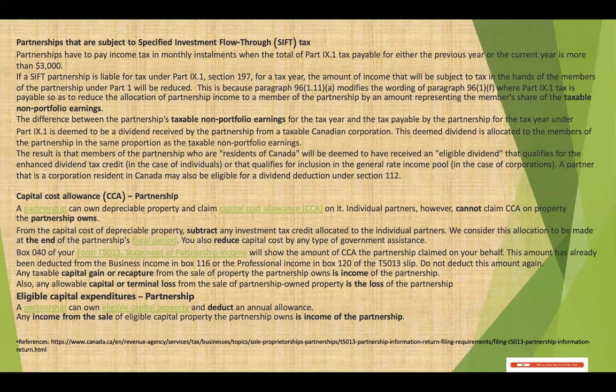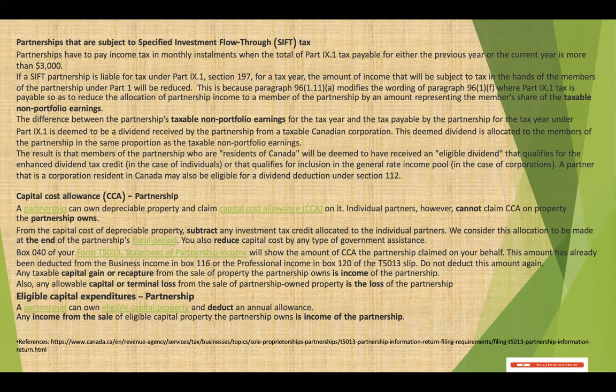If the SIFT, that is the specific investment flow-through, is liable for tax under Part 9.1, section 197 for the tax year, the amount of income that will be subject to tax in the hands of the members of the partnership will be reduced.